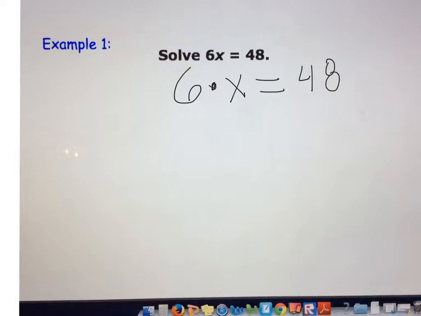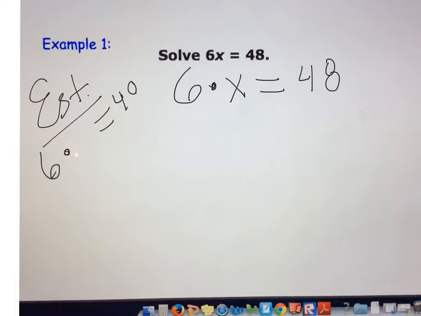Now, many of you will be tempted to just solve this mentally, which is fine if you want to come up with your estimate. So, for our estimate, if a number times 6 is going to equal 48, I know that number should be 8. But when we solve it in an equation, we need to use a specific process.